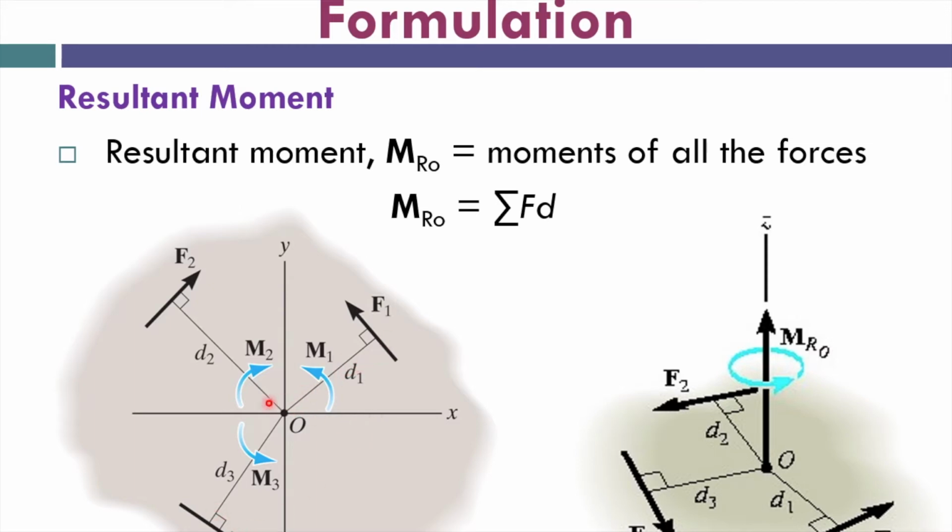And here are the D that is perpendicular to the line of force, here also the same. And this is the moment that is caused by the force and distance. Okay, moment equals force times distance. So this is the place where the moment occurred or was generated, then it follows the direction of the force. Okay, here M1 counterclockwise, M2 clockwise, and M3 counterclockwise.